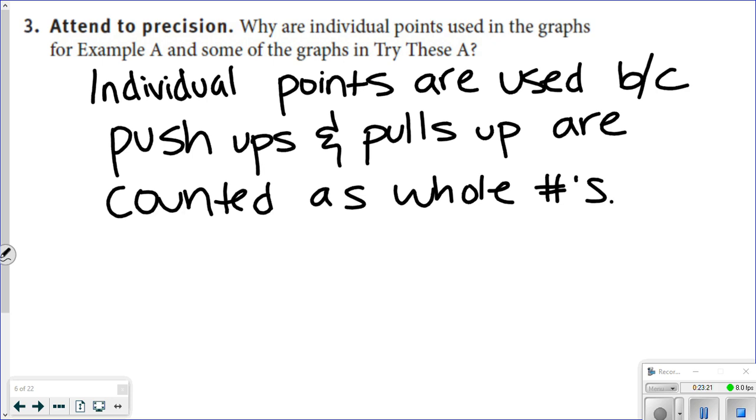Students can't count part or half of a push-up or pull-up, so we need whole numbers. Now, the mile time we actually shaded because time is continuous and we can count all of those.